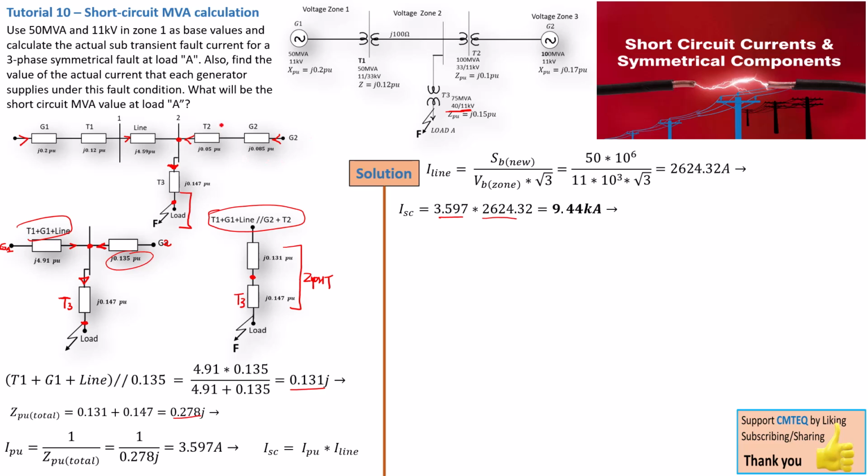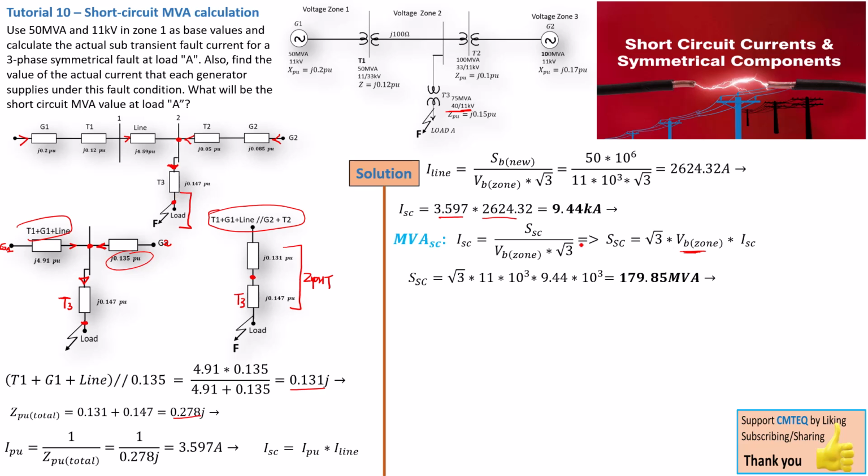Now we need to move to the main question, that is the MVA short circuit, the megavolt ampere fault level at this point. To deduce the MVA short circuit, we use the short circuit current, making S short circuit, the apparent power, the subject of this same formula, making sure we maintain the V base where it is occurring on the load side.